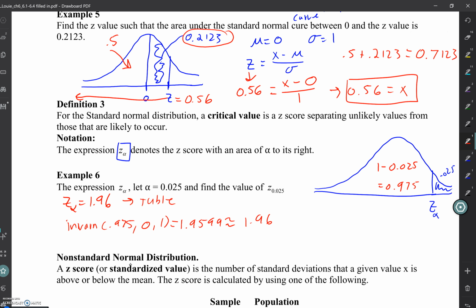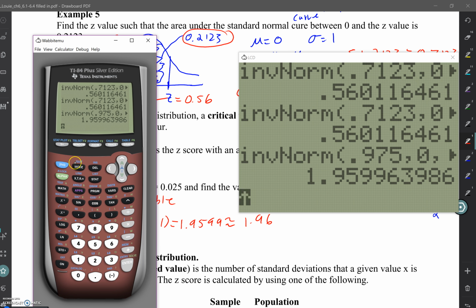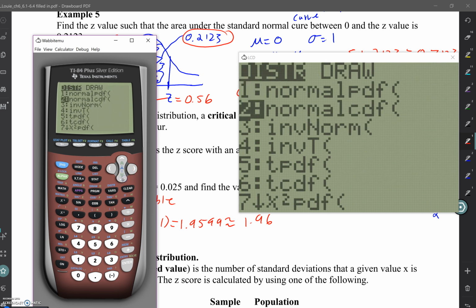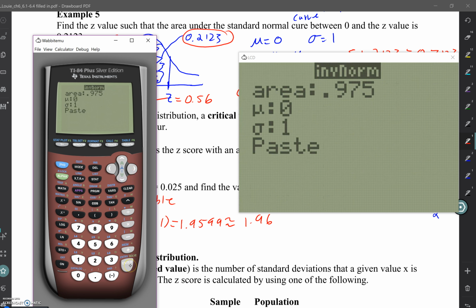So let's go to our distributions and get our inverse normal. Tell it the area to the left. I'm going to go with the table. So the answer that we got for that was 0.975.